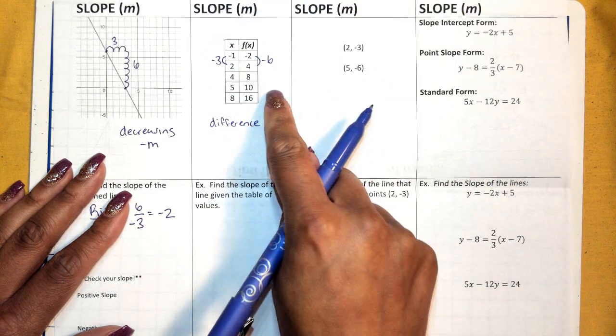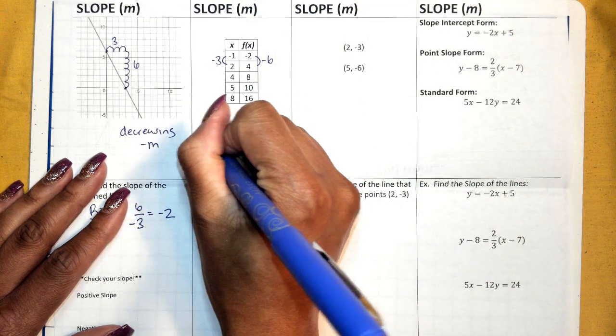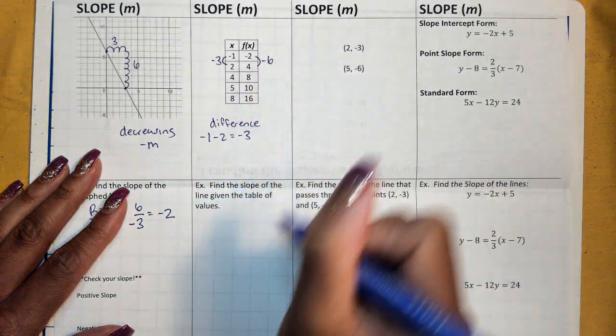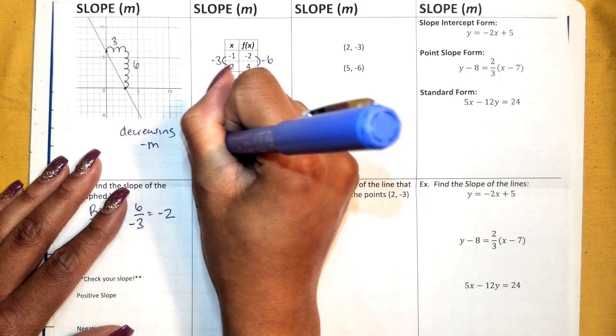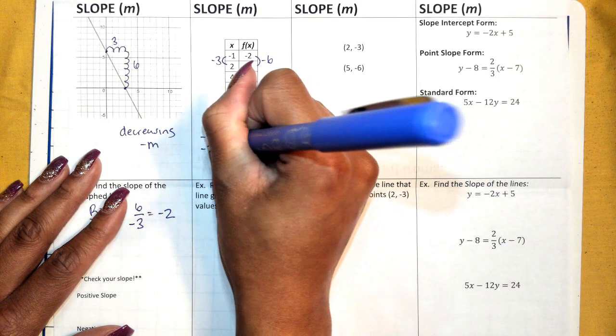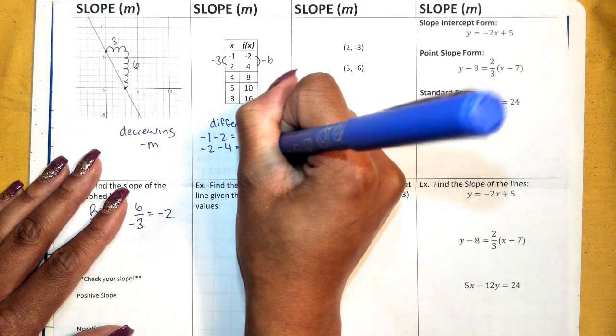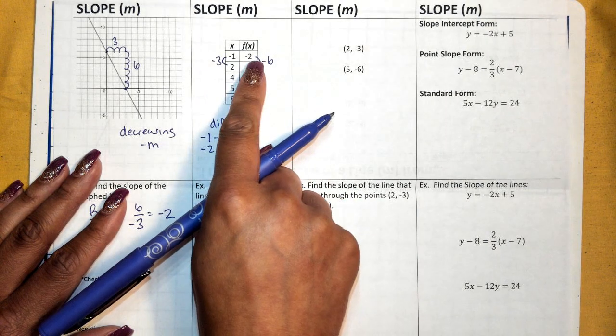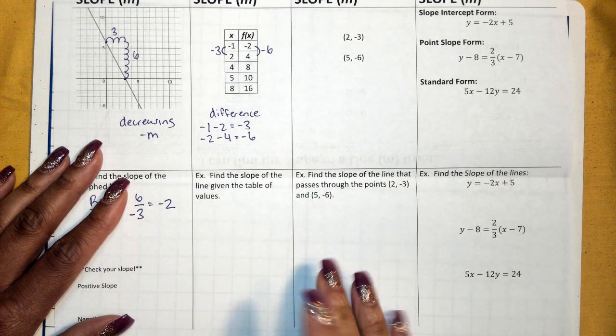If you're not sure where I'm going with this, I put in -1 minus 2, which does give me a -3, and -2 minus 4 does give me a -6. So finding 2 values on here, I can deduce the slope.